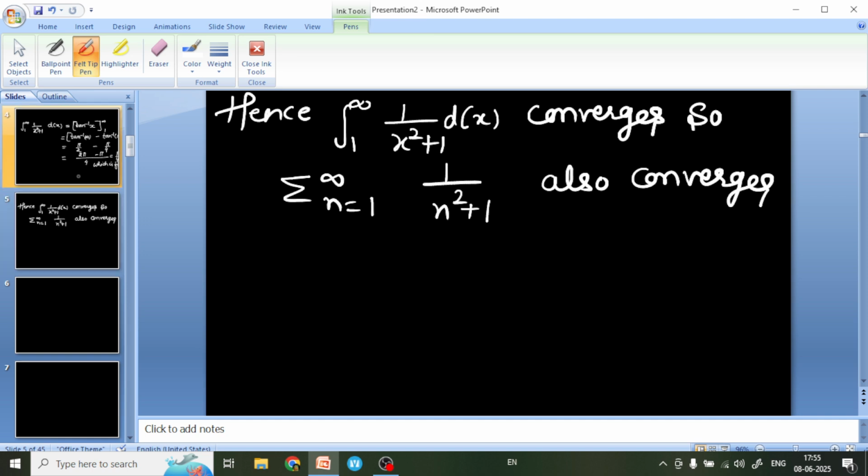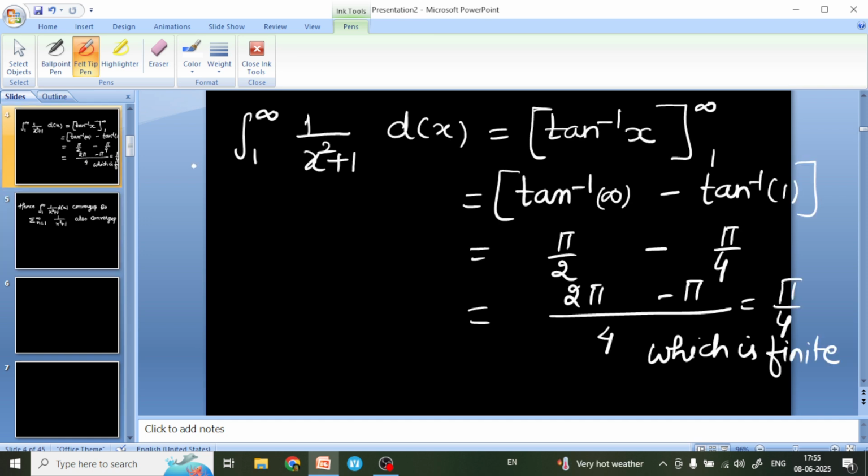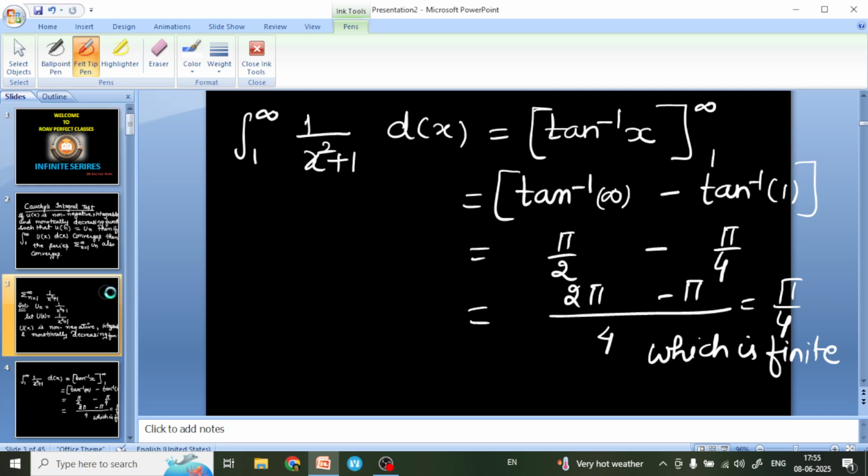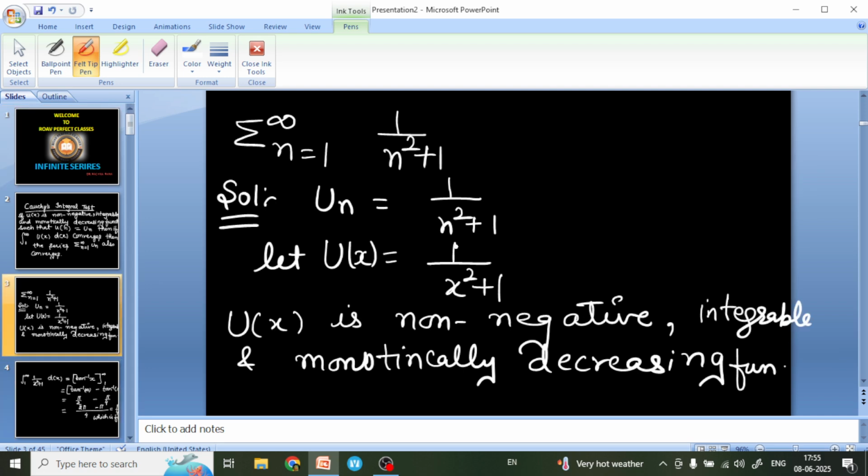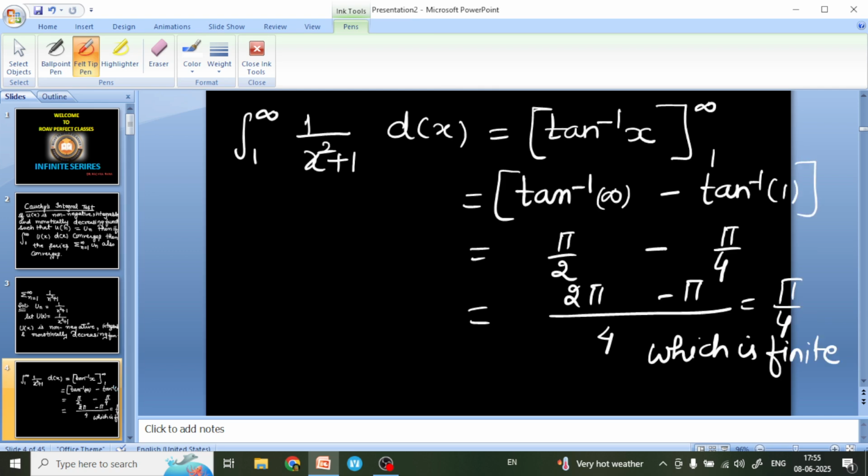How to solve this? First of all, you have to put un is equal to the statement which is given in your question, 1 by n square plus 1. After that, let u of x be equal to 1 over x square plus 1, substituting x for n, and u of x is a non-negative, integrable and monotonically decreasing function. After that you have to write the infinite integration of 1 over x square plus 1 dx, and take the integration.